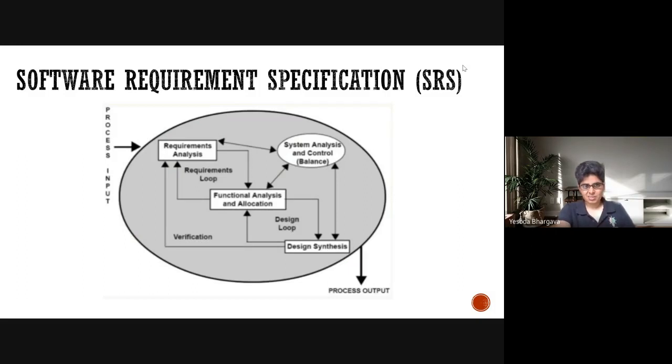So this is a sort of snapshot into software requirement specification. You start off with requirement analysis, then you understand the function analysis and allocate the resources. Then you go on to design synthesis, and at each stage you provide feedback and go back to your previous stage to understand whether you are doing it right or not.